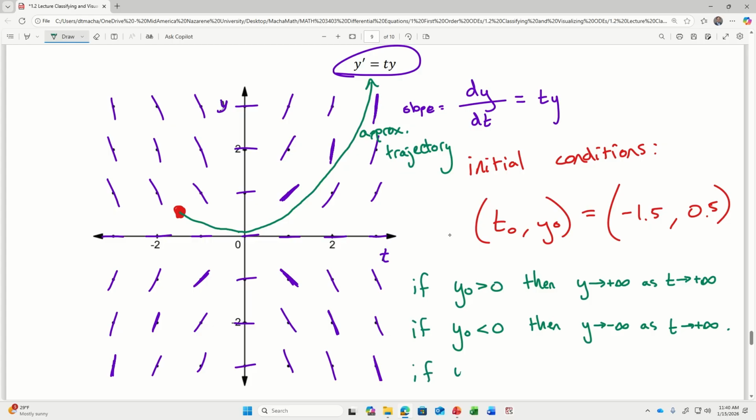You could also say if the starting y value is equal to 0, then y is equal to 0 for all times. Because if it starts right here and the slope is 0, it's got to stay 0 forever and ever and ever. Questions about that?